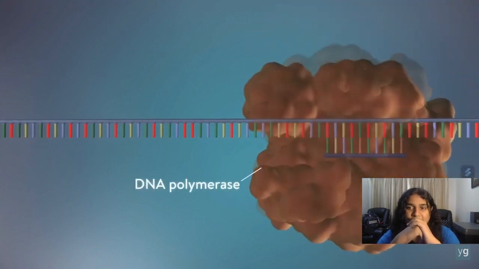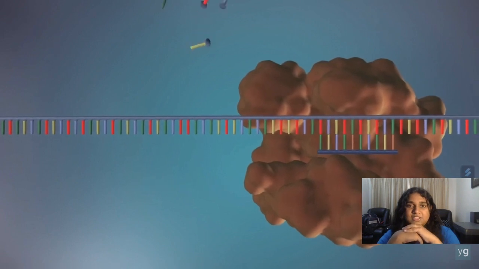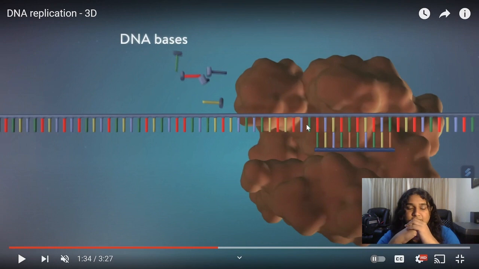DNA polymerase will then come in and start to copy the template strand by attaching nucleotide bases. Just as a note, the nucleotide bases that are added on freely float around the cytoplasm, if you're wondering where they come from.